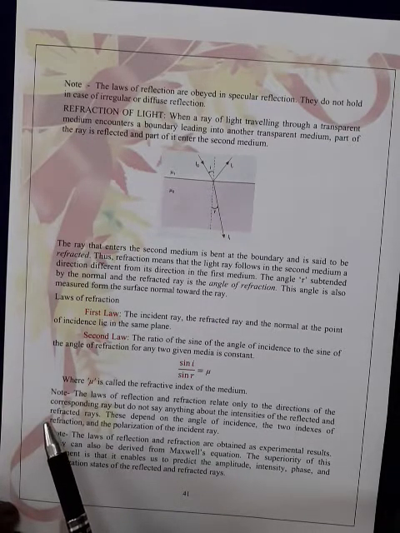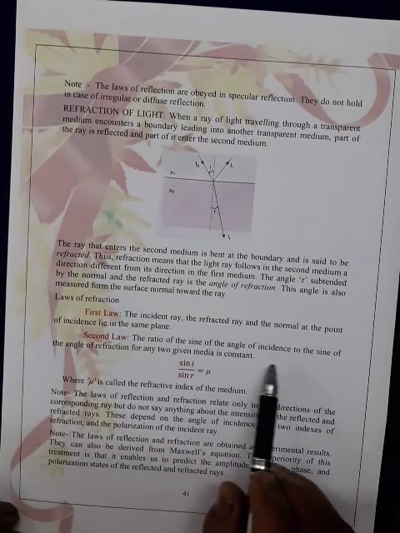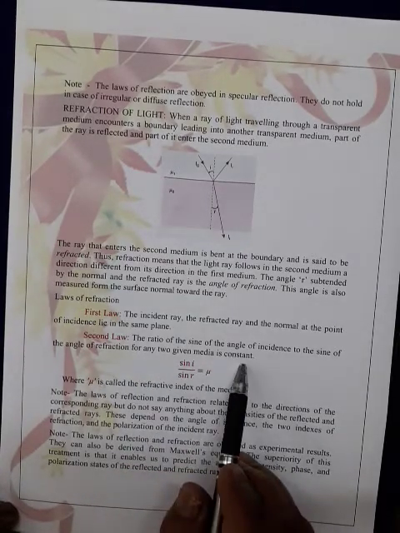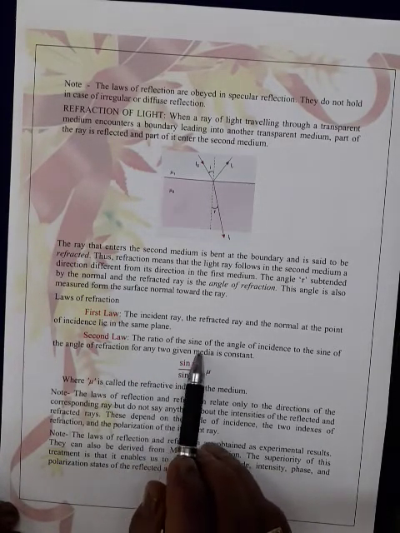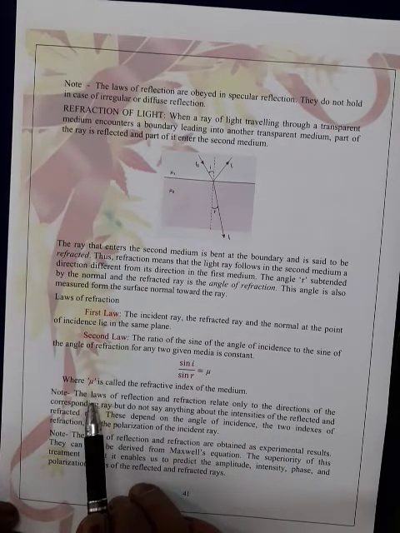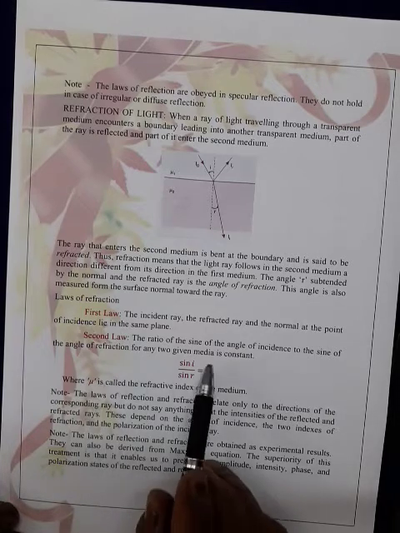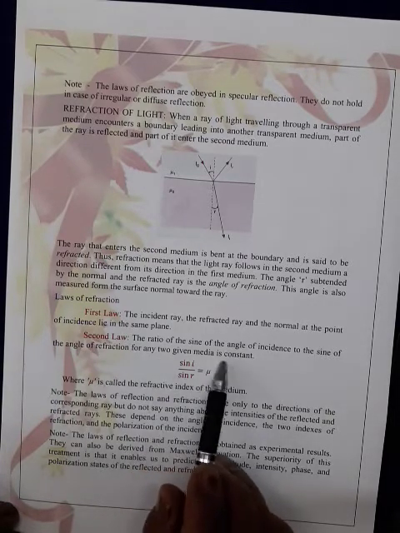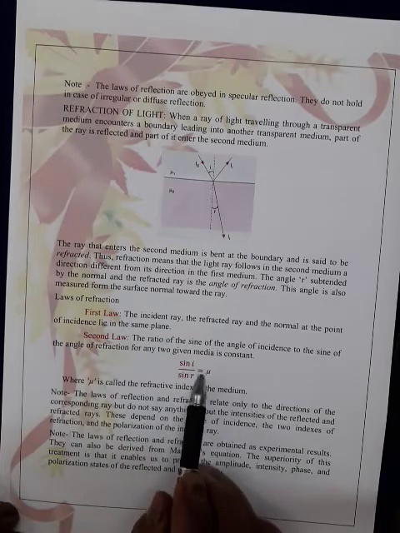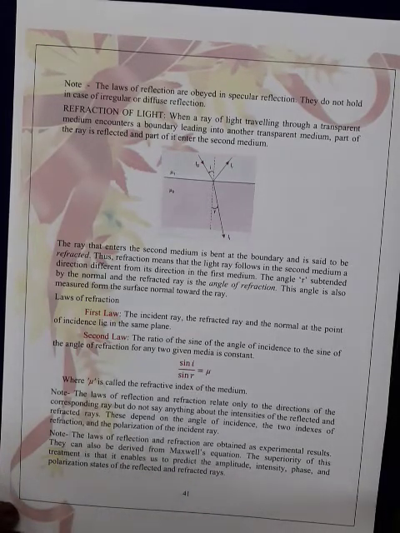The second law: the ratio of the sine of the angle of incidence to the sine of the angle of refraction, for any two given media, is a constant. That is, sin i by sin r equals mu, where mu is the refractive index of the medium.